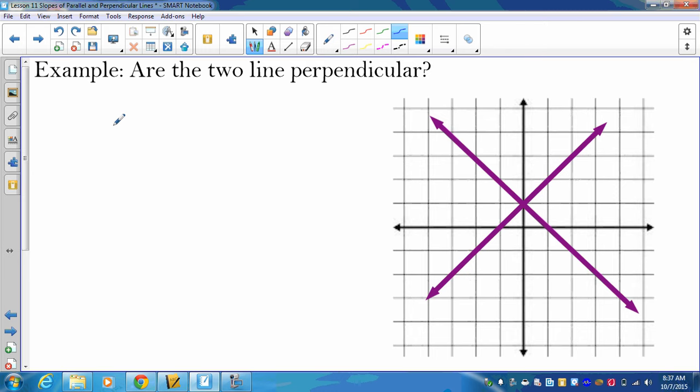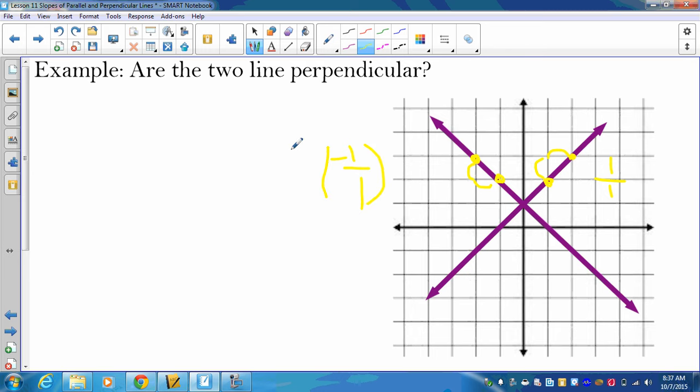So let's check these two. This line has a slope of down 1 to the right 1, so negative 1 over 1. This one has a slope of up 1 to the right 1, so positive 1 over 1.